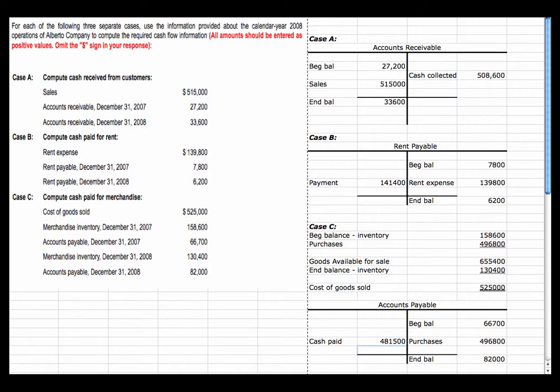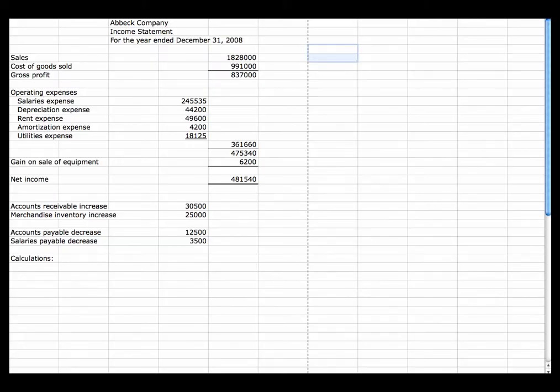So now we're going to move on to exercise 12.7. So let's go take a look at that particular problem. Exercise 12.7 is a continuation of exercise 12.6 that you were assigned for homework. In exercise 12.6, you were asked to do a statement of cash flows using the indirect method.